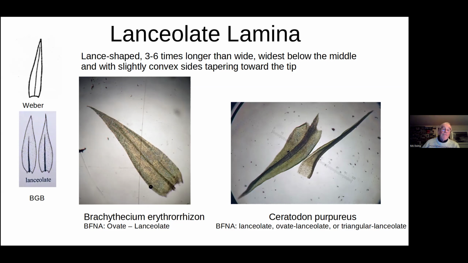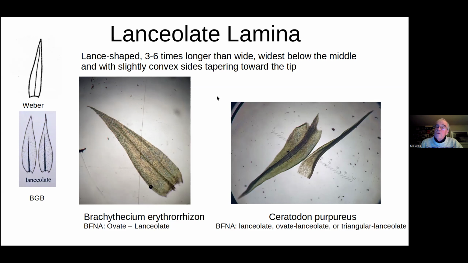I've got the general definition up here, and then I have the BFNA description of Brachythecium erythrorhizon. And you'll see that sometimes their definition is different than my guess at what that shape represented in the overall definition. And I thought, well, I better make sure that they're all the same.